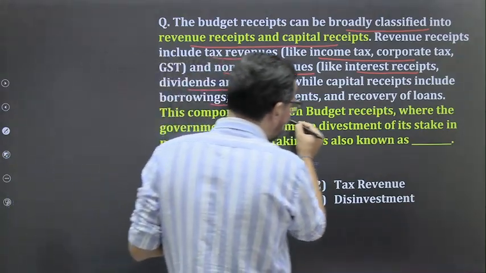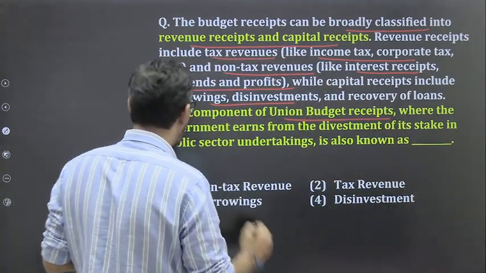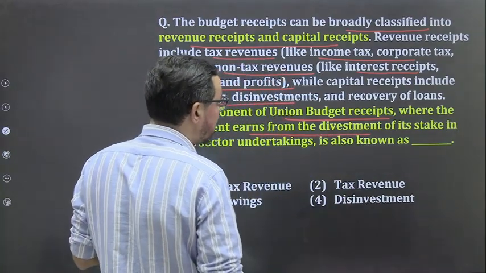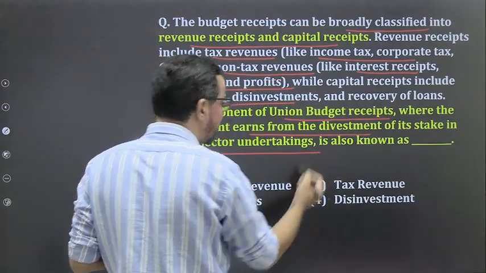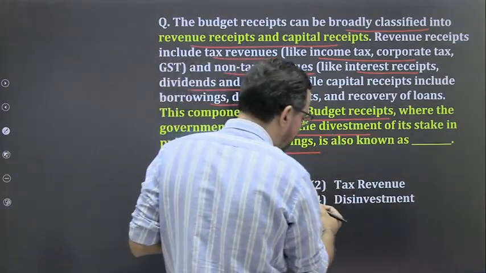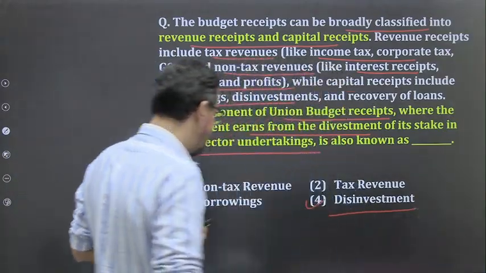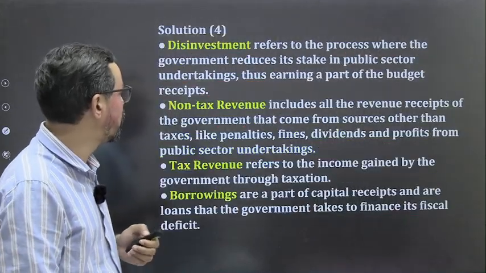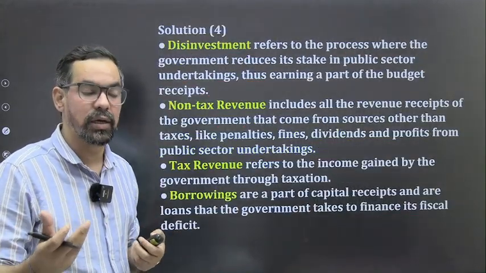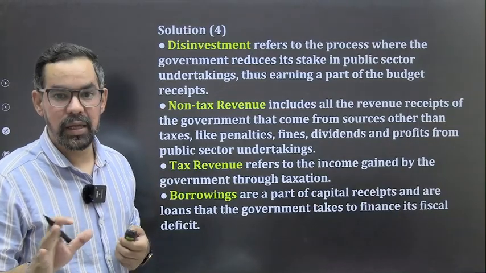The component of union budget receipt where the government earns from the disinvestment of its stake in public sector undertaking is known as, it is disinvestment only, right? So what do we call it? Disinvestment. Okay, so option 4 will be the right answer for this one. Disinvestment is where the government is selling its stake in the public sector undertakings.